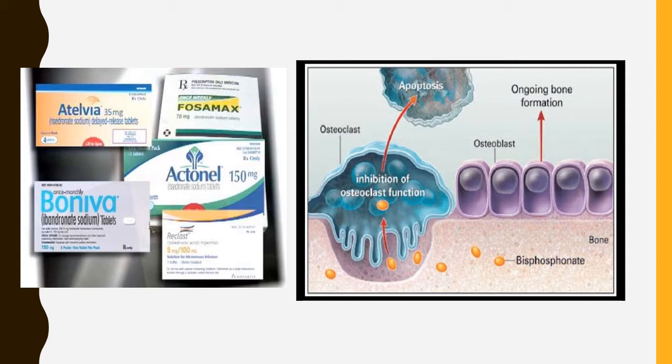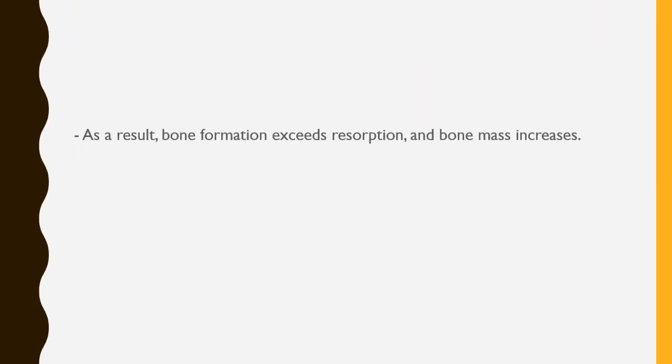And hence the action of bisphosphonate. This bisphosphonate finally leads to osteoclast apoptosis by inhibition of osteoclast function, as we saw in the mechanism before. This also gives a chance for osteoblast for ongoing bone formation. As a result, bone formation exceeds resorption and the bone mass increases.